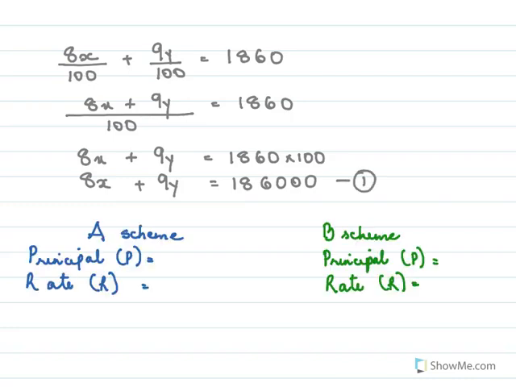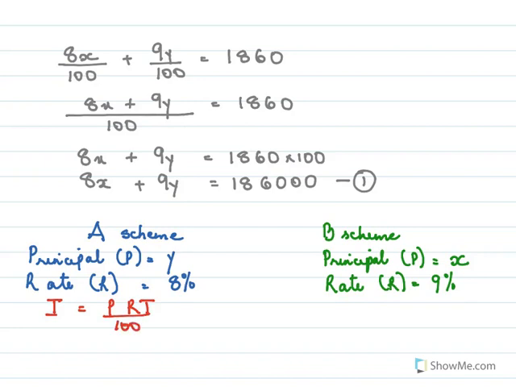In the second part of the sum, it is said that she interchanges the amount, which means in scheme A she now invests y rupees, and in scheme B she will invest x rupees. The rate of interest of course is the same, 8% in scheme A and 9% in scheme B. So we use interest equals PRT over 100.